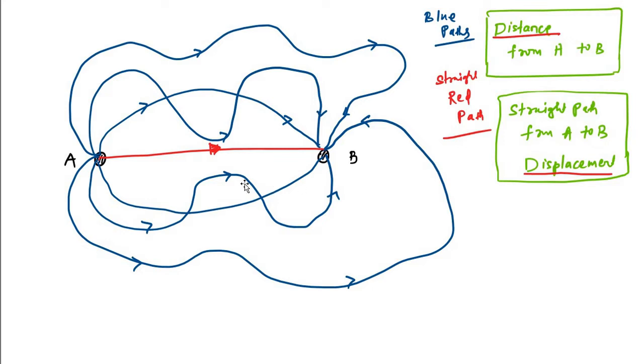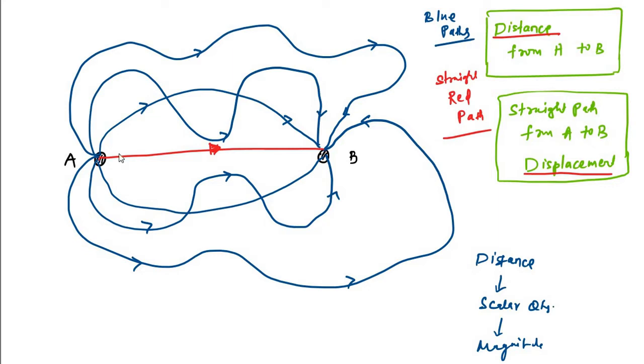So the basic difference between distance and displacement is, distance is a scalar quantity, which means it has only magnitude, no direction. Okay, only magnitude.